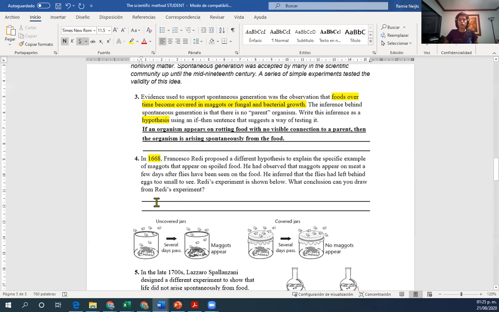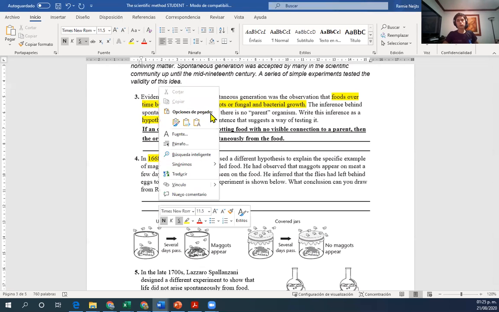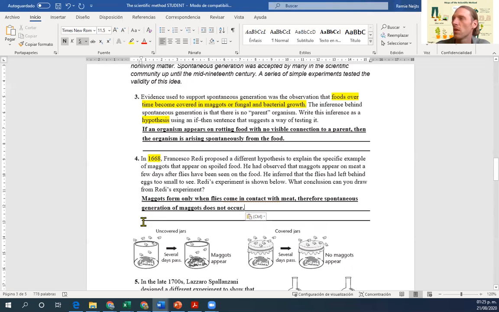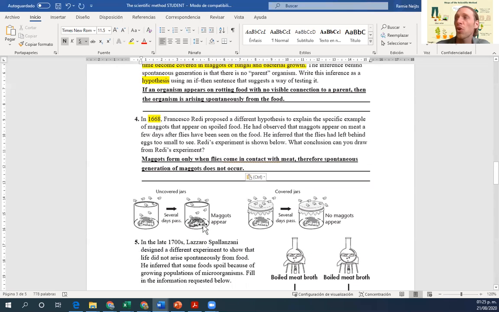But if you cover the jar with something, for example, a cloth, maggots will not appear. Yeah, perfect, Gustavo. You're also smart. Everybody's smart. Very good. Maggots only form when flies come in contact with the meat. Therefore, spontaneous generation of maggots does not occur. So basically, it was an important experiment, because this means that spontaneous generation is not true.